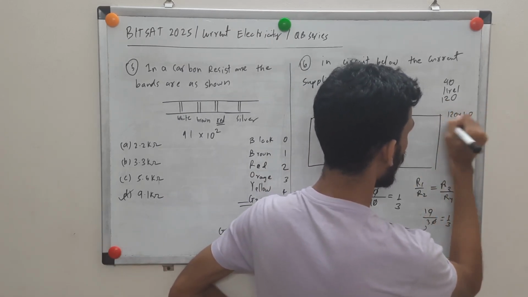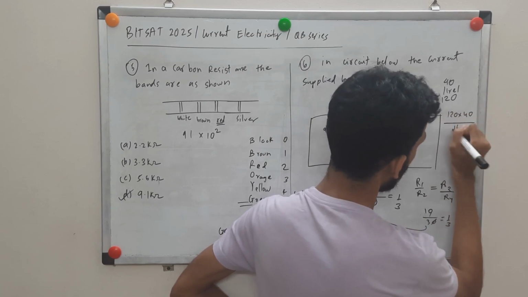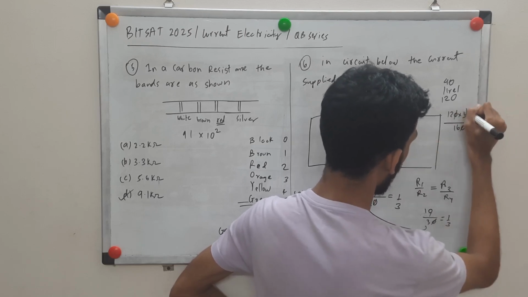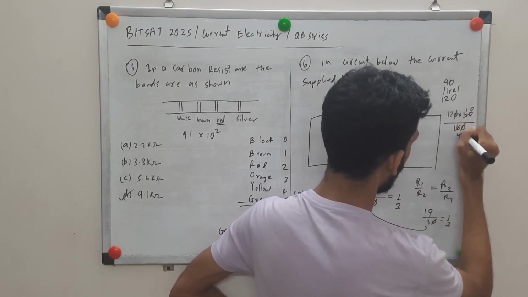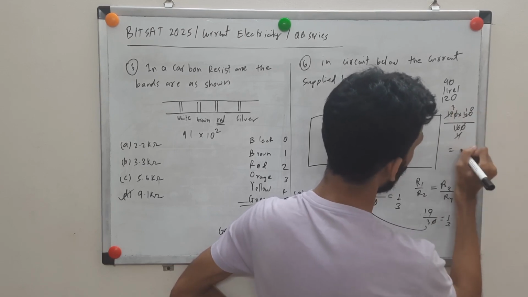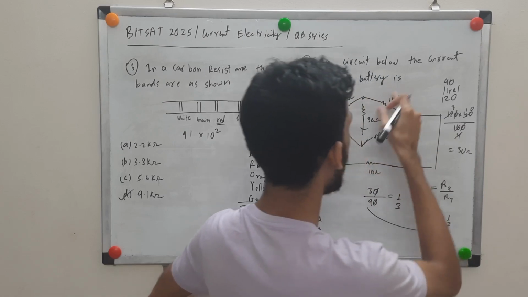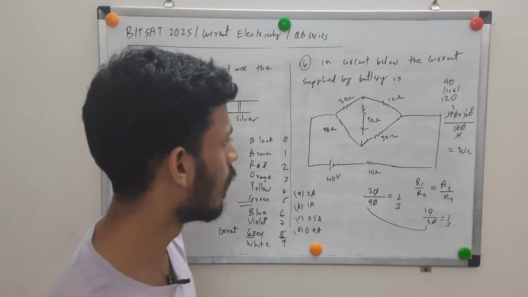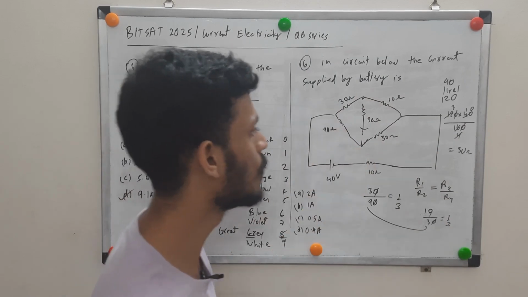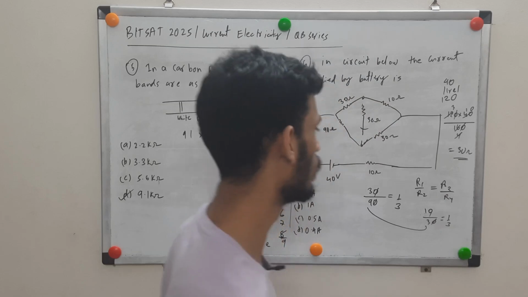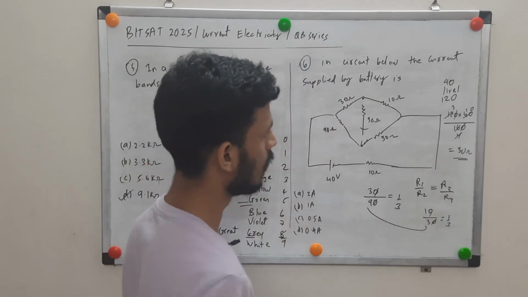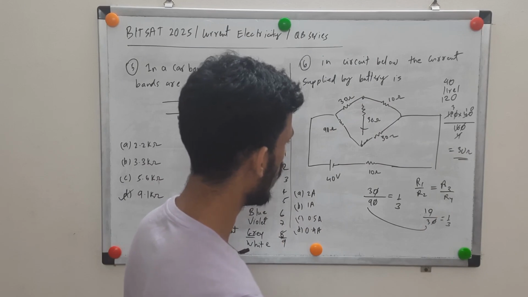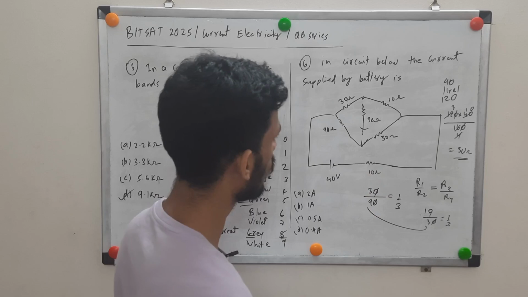So 40 times 120 upon 160, right? So this and this we can cancel. 4 4s, 4 3s, so 30. If it was R, basically the equivalent would have been R. But here there are different values, so you get 30. Now 30 ohm resistance, and 40 volts, and this 10 ohm is also there.